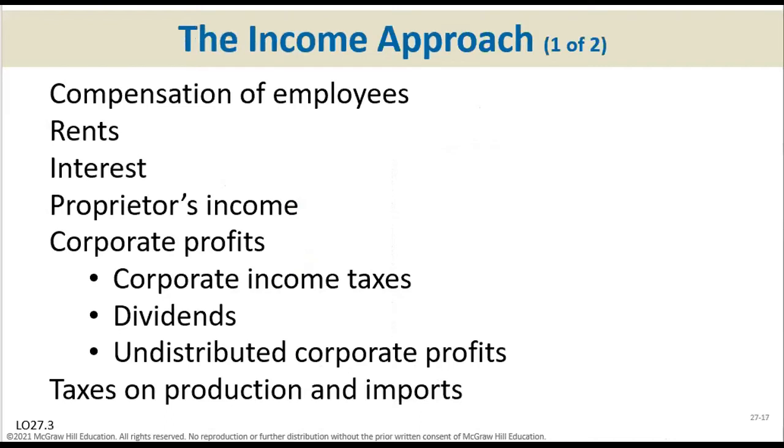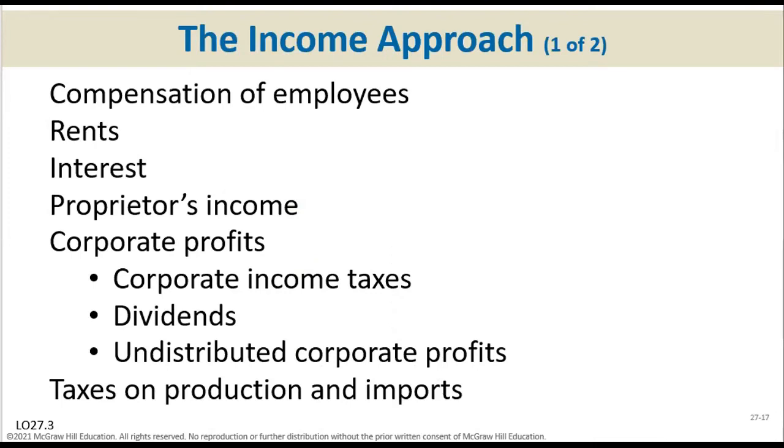Now that we talked about the expenditure approach, let's review the income or allocation approach. Like we said before, with the income or allocation approach, you look at all the income that people earn by producing the output.